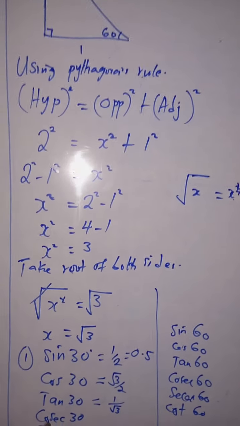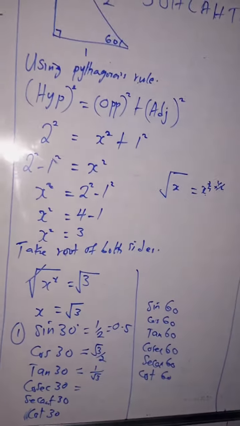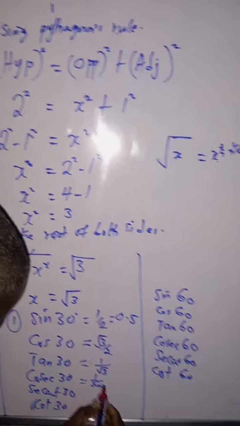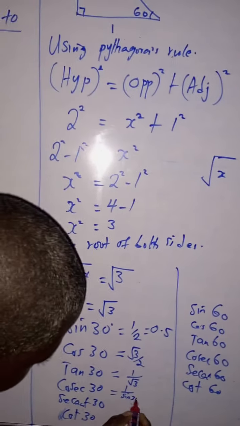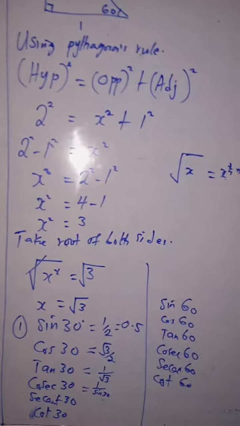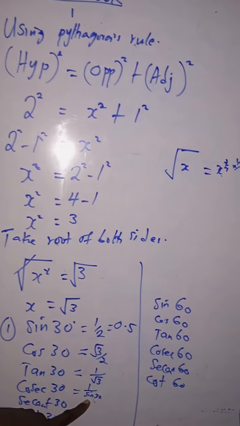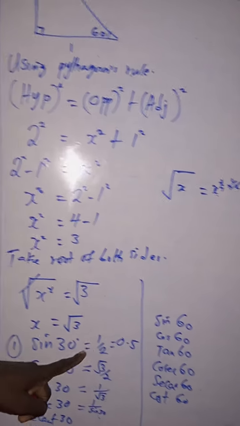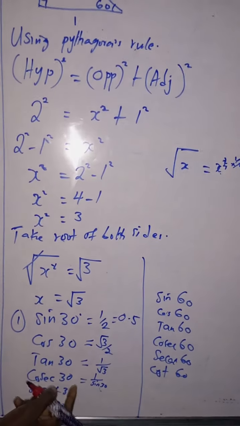And cosec, as we have known, ordinarily is what? 1 over sine theta. The meaning is 1 over sine 30. If we look at our sine 30, it's just the reciprocal of it that will give us the cosec.